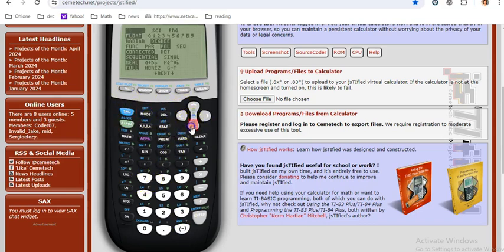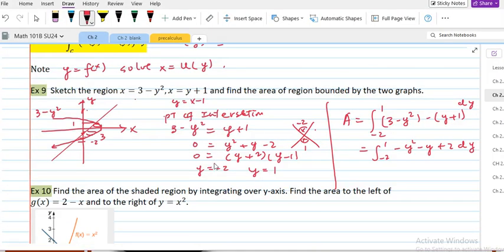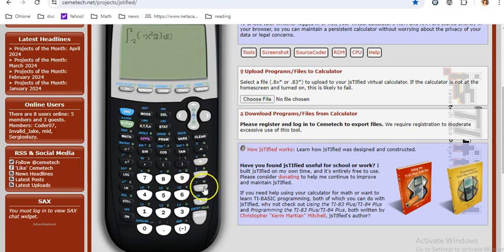I have to change it back to function mode.